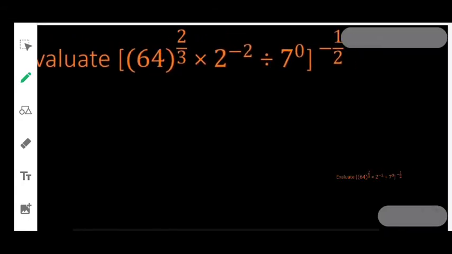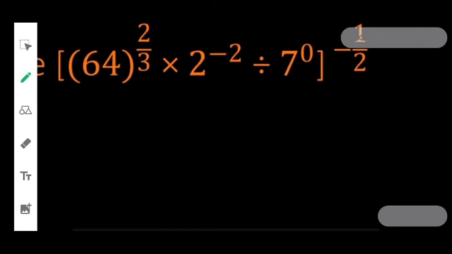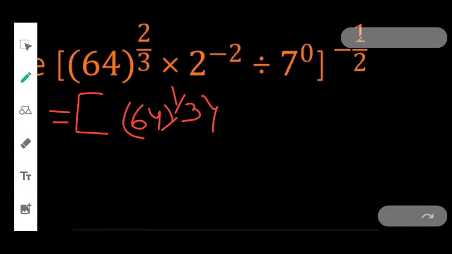Okay, so 64 to the power 2 by 3, we can write this as (64 to the power 1 by 3) to the power 2, because 1 by 3 into 2 is 2 by 3.